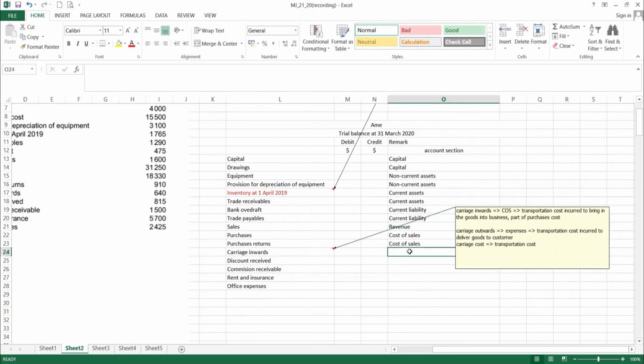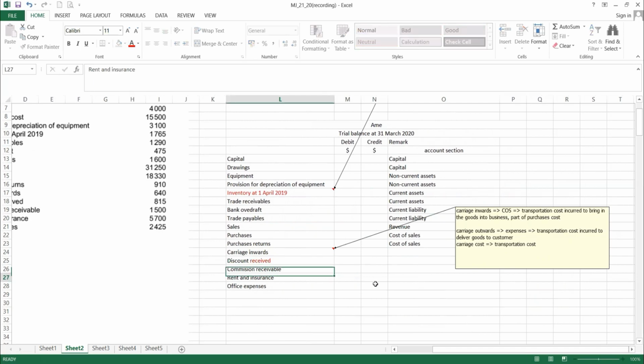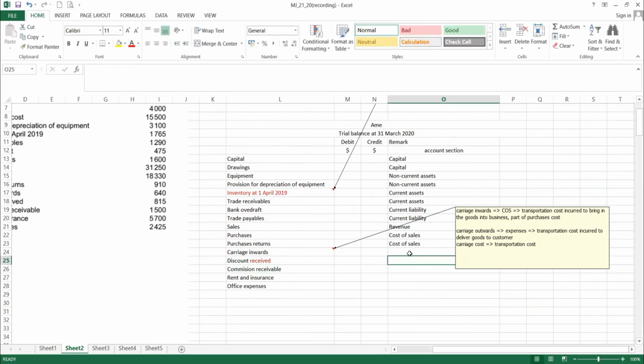Okay, now next, discount received, the word received behind indicates to you it is an income. Discount received, whatever commission received, so long as it has received at the back, this is other income, under the section other income.